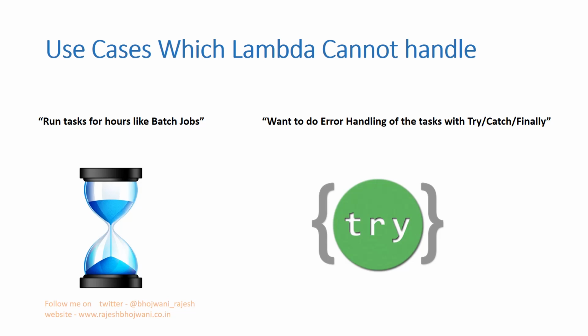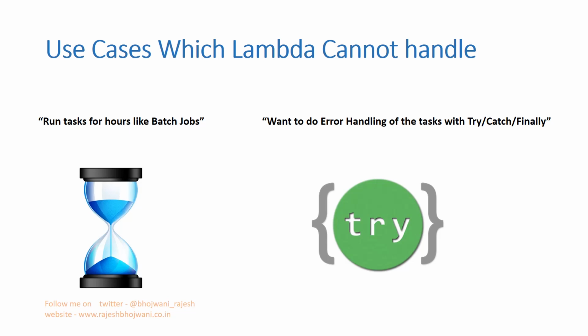So if you have a batch job which needs to run for more than 15 minutes, then you cannot do it with Lambda. And the kind of data we have now in the system needs more and more execution time. So that is something we cannot do in Lambda because of the 15-minute limitation.